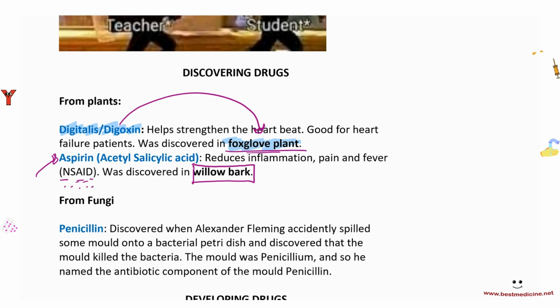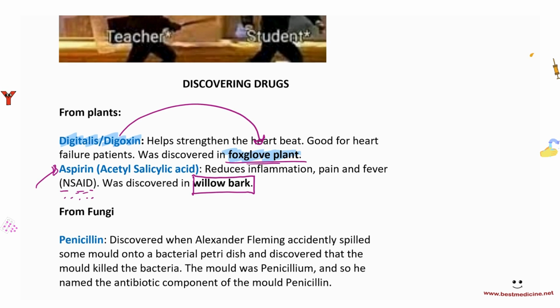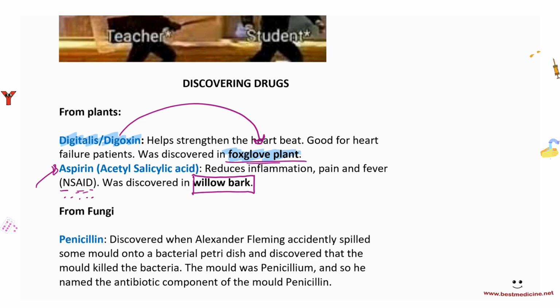Penicillin, very, very important. Penicillin is probably the most common or most popular antibiotic. This was discovered when Alexander Fleming accidentally spilled some mold onto a bacterial petri dish that he was growing. And he discovered that the mold killed the bacteria. So this was just a coincidence.